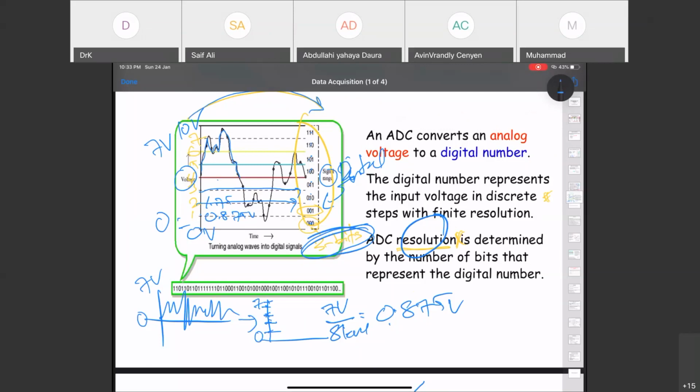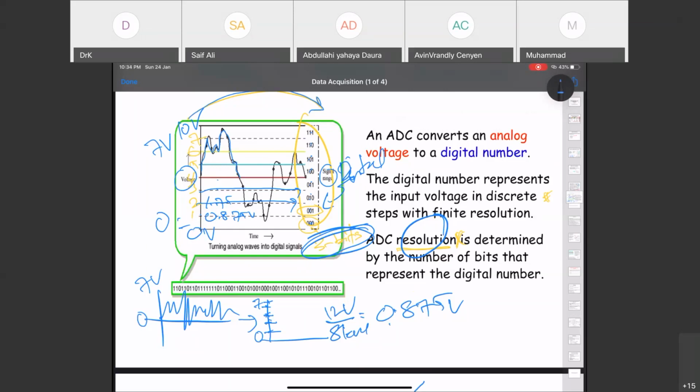My 7 volt is my operating voltage. 7 volt here you can imagine as the operating voltage of your sensor and your signal conditioner. If my operating voltage of my signal conditioner is 12 volt, then I will have 12 volt here. This is the maximum that I'm feeding to the ADC.